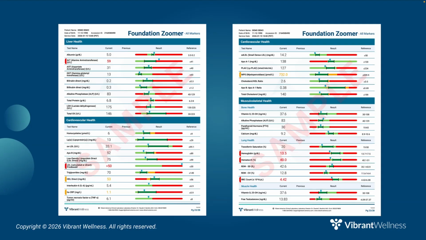Also MPO, a marker of oxidative stress and immune activation. TNF-alpha, a central mediator of inflammatory signaling, immune activation, and insulin resistance, often elevated in chronic immune stimulation.